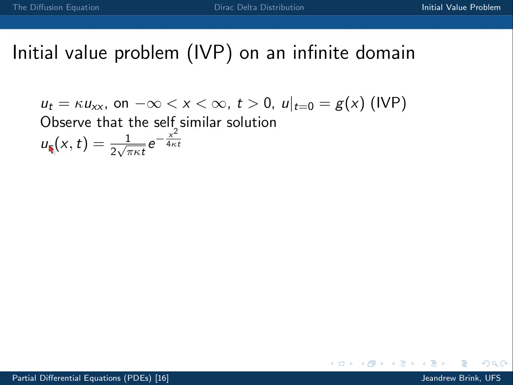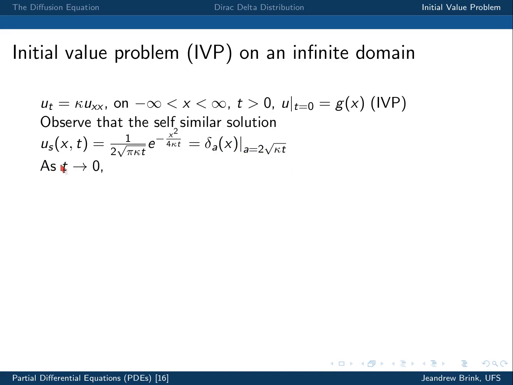So observe that the self-similar solution we derived in part A is simply u_s(x, t) equals 1 over 2 times the square root of pi kappa t, times the exponent of minus x squared over 4 kappa t. And using the functions we've just been talking about in the series that limits to the delta distribution, we can express this as delta_A of x, where A is now equal to 2 times the square root of kappa t.